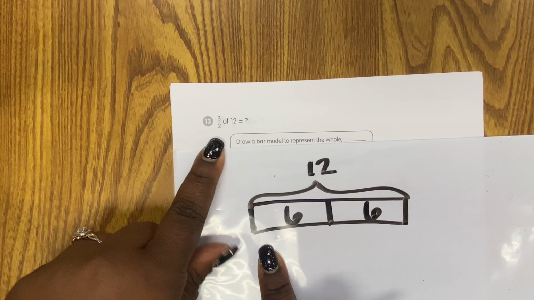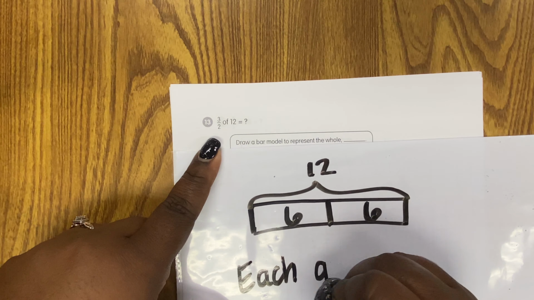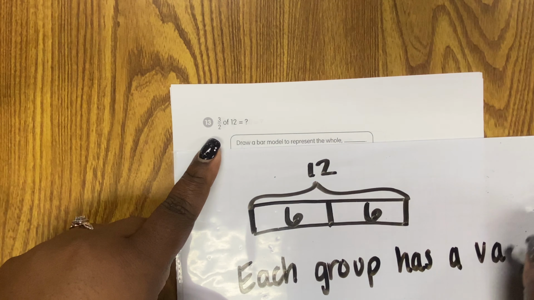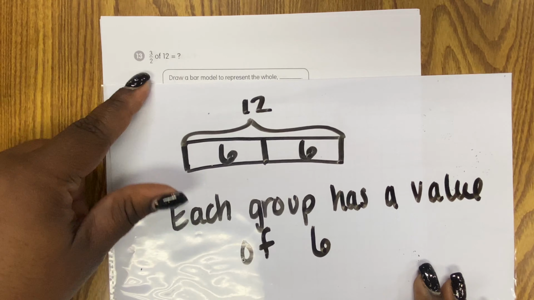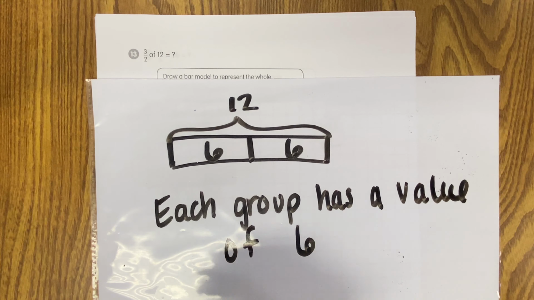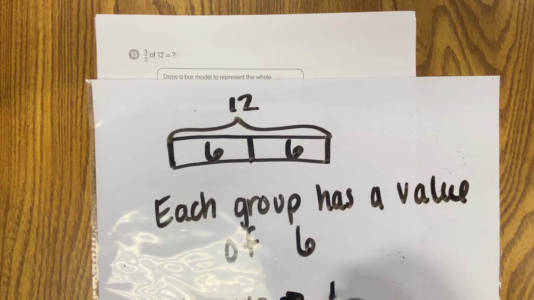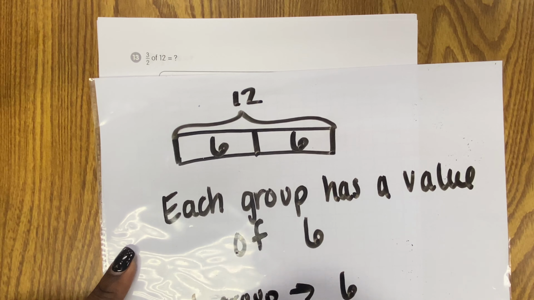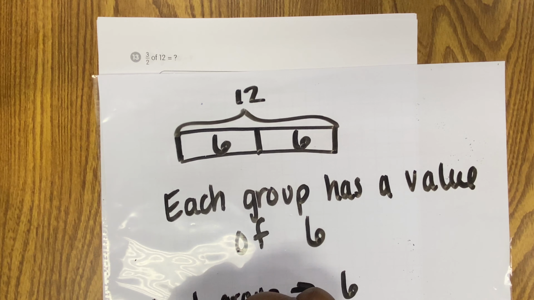That means we only have 2 groups, but each group has a value of 6. So what if we're getting just one group? One group would give us 6 because one group has 6 in there. What if we wanted a second group? Well, that second group, and this is total, let me indicate that.